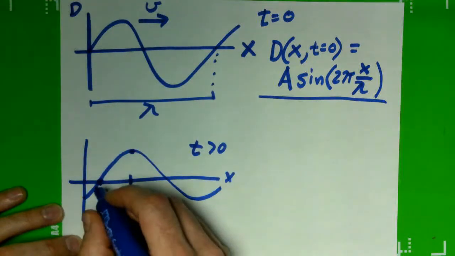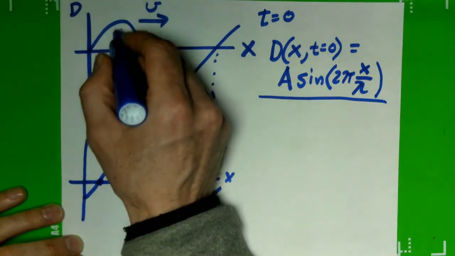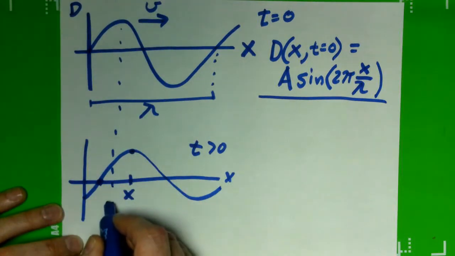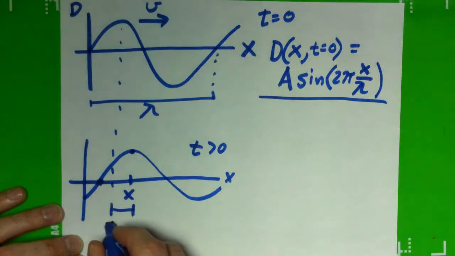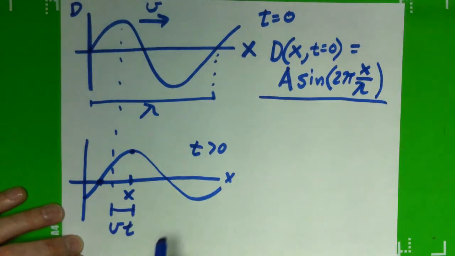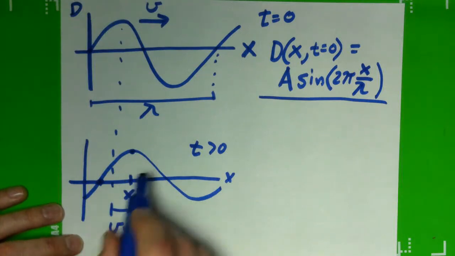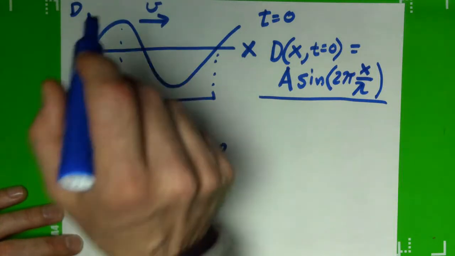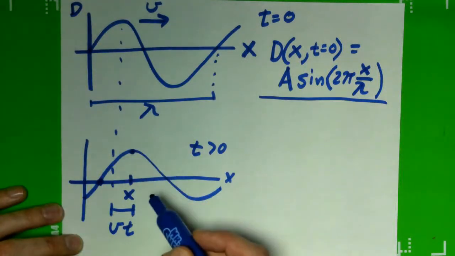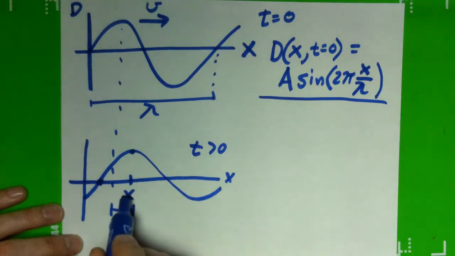In fact, that distance, if I were to mark that down here, this distance it traveled was v times t, whatever this time was. It traveled that far. So this wave looks like this wave at t equals 0 for positions vt less than where I really am. Okay, so this looks like that one.